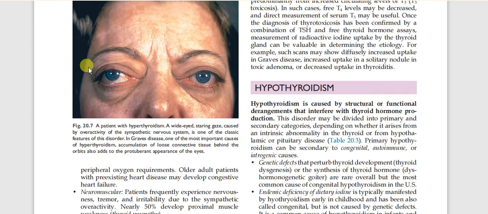Here we see that usually it happens in Graves' disease because of autoimmune lesion of periorbital tissue, and due to periorbital tissue swelling, it leads to the eyes bulging out.